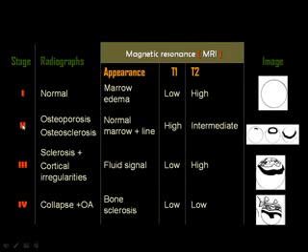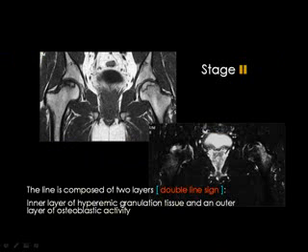Then stage 2, you may get some osteoporotic changes and some osteosclerotic changes in the plain X-ray, and you see normal bone marrow, which is dead, separated by a line from the healthy bone marrow. This normal bone marrow will appear of bright signal due to fat in the T1 and intermediate signal due to fat in the T2. Then stage 3 is fluid signal, low in the T1, high in the T2. Stage 4 is bone sclerosis, low in the T1 and low in the T2.